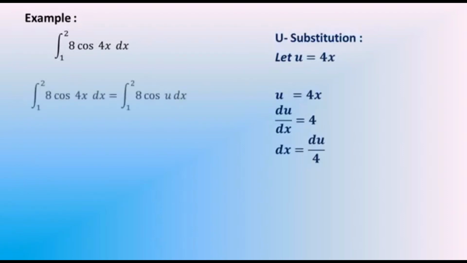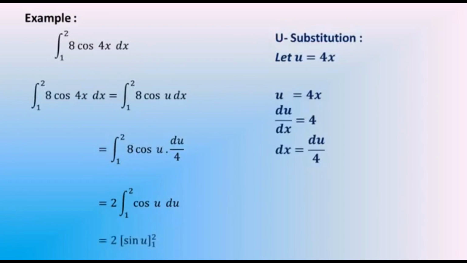So kita gantikan 4x dengan u and then kita replacekan nilai dx dengan du over 4. Seterusnya kita boleh simplifikan 4 dan 8. So 2 kita boleh bawa ke depan. So kita akan dapat nilai integrate of cos u equal to sin u.